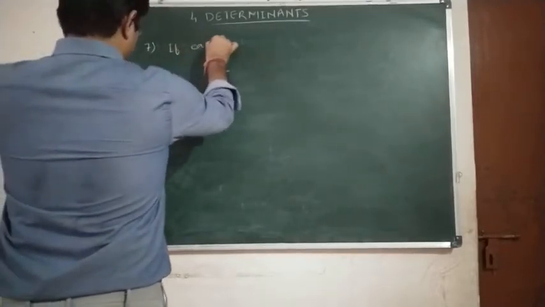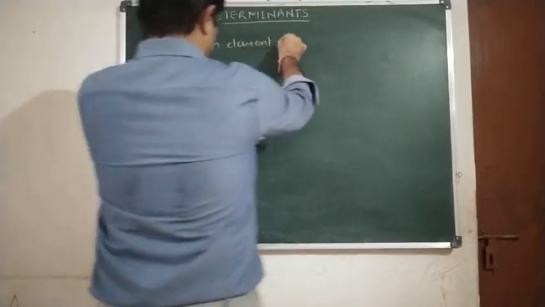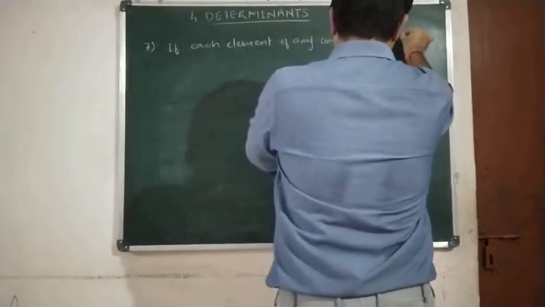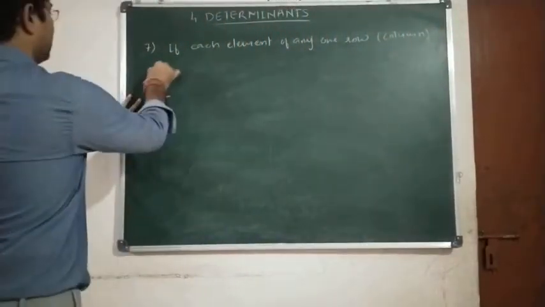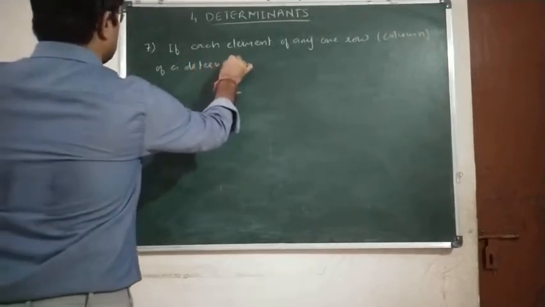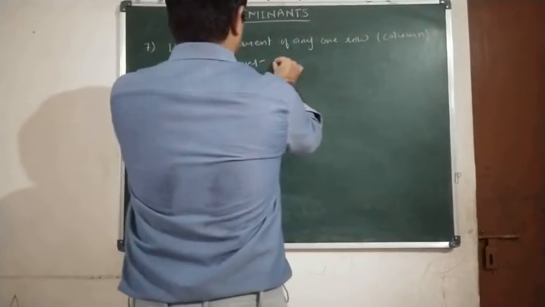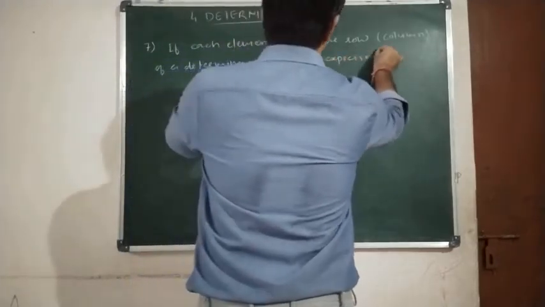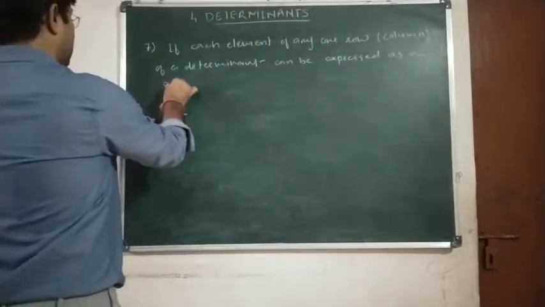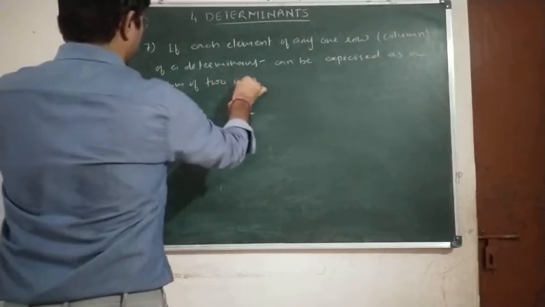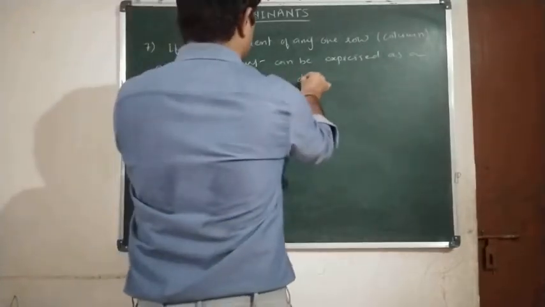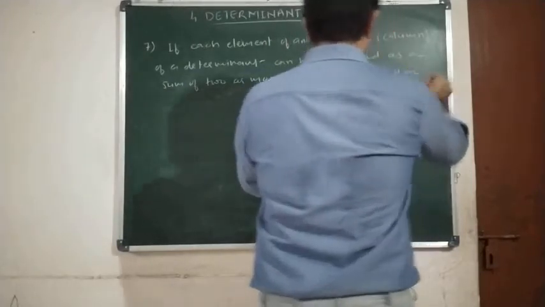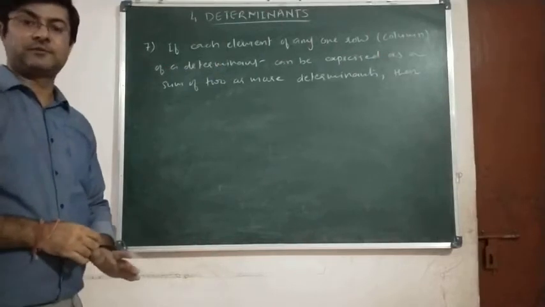If each element of any one row or column of a determinant can be expressed as a sum of two or more terms, then that determinant can be expressed as a sum of two or more determinants.